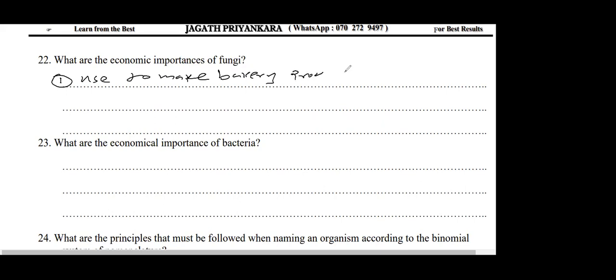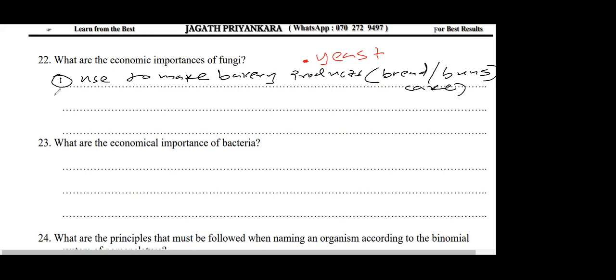Example: bread, buns, cake. What is the fungus they use? Here they use yeast. Yeast is a useful fungus, scientific name Saccharomyces cerevisiae.